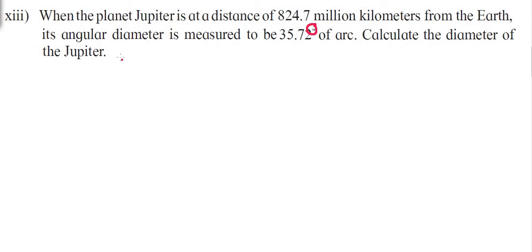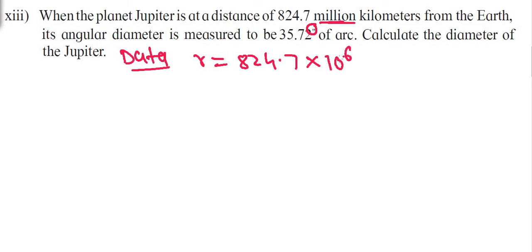Now R is given over here. R is equal to 824.7 million kilometers. Now million stands for 10 raised to 6 kilometer. Next, angular diameter is measured to be 35.72 second.